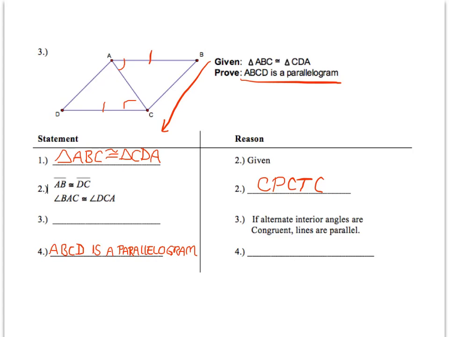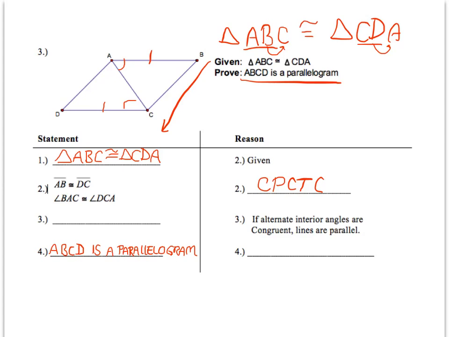Given the way that this was written, triangle ABC was congruent to triangle CDA. That means that AB and CD are congruent if we're looking at the segments, and that's exactly what we just used. We could have also said that BC and DA, those segments were congruent. We could say any of the angles were congruent. So CPCTC is a good tool to use.